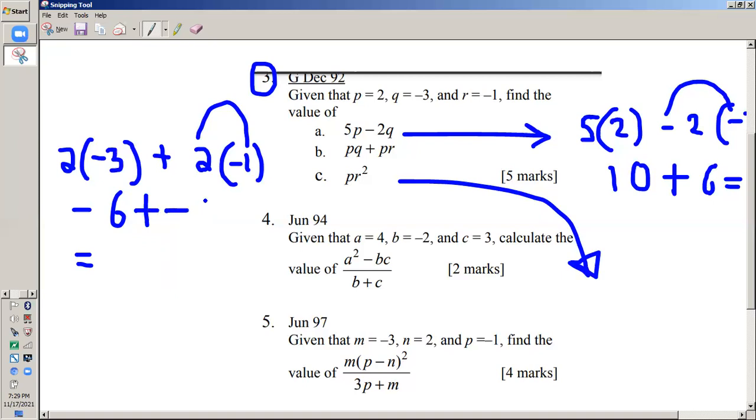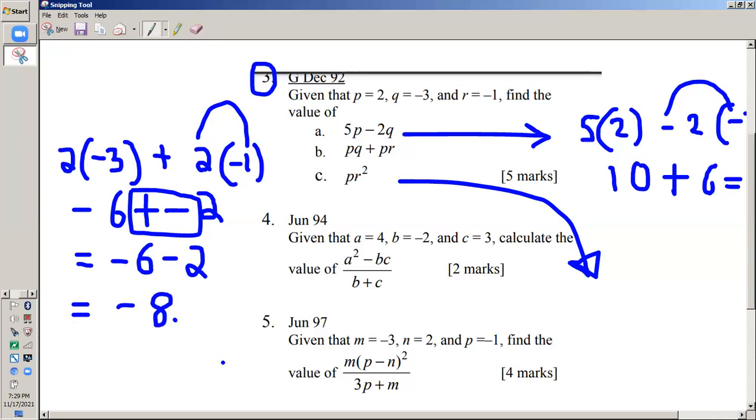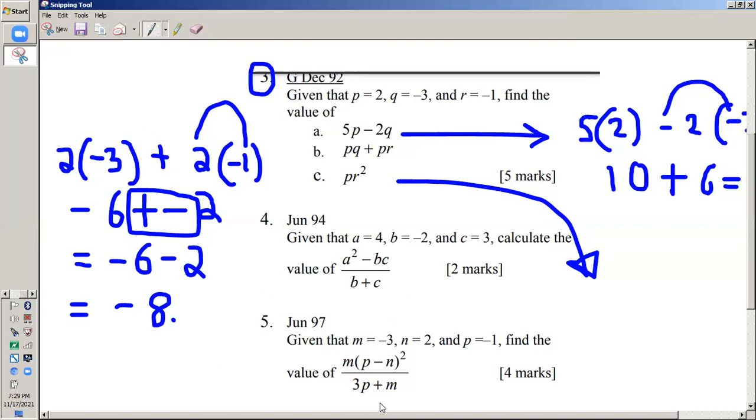All right, it is okay. And then, yes or no? You use the rules of multiplication. A positive and a negative will give you a negative. So what happens sometimes, for example, look at this.